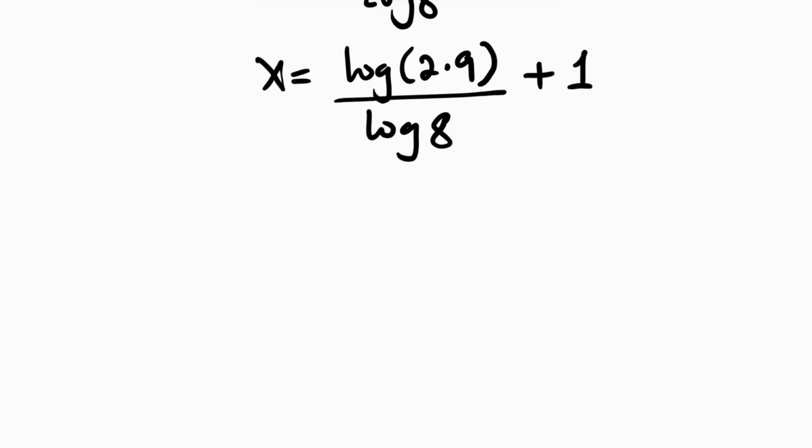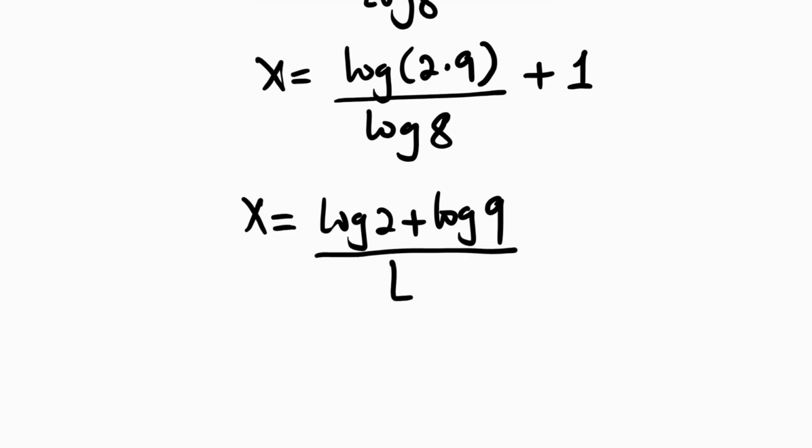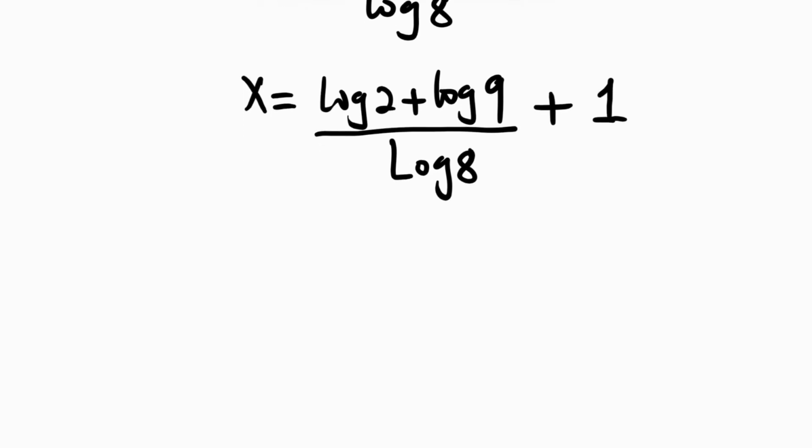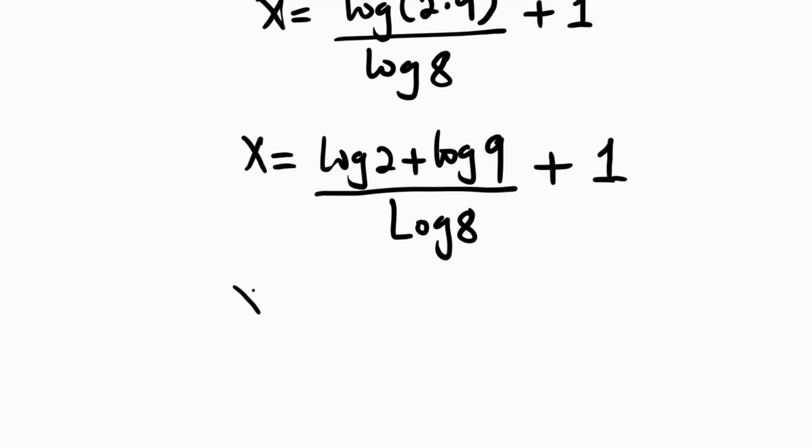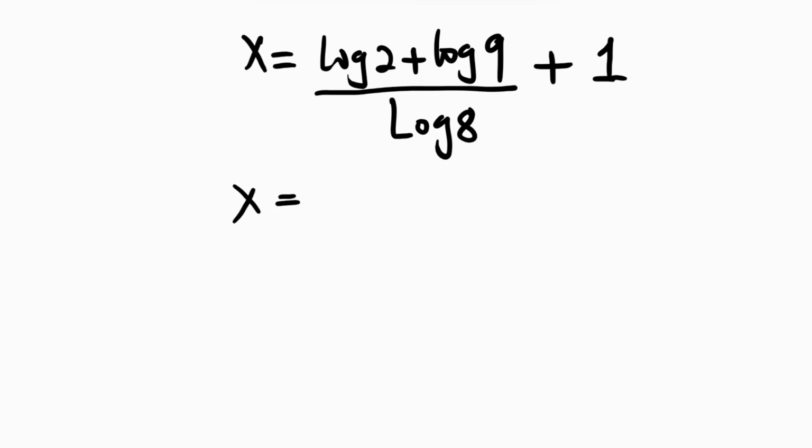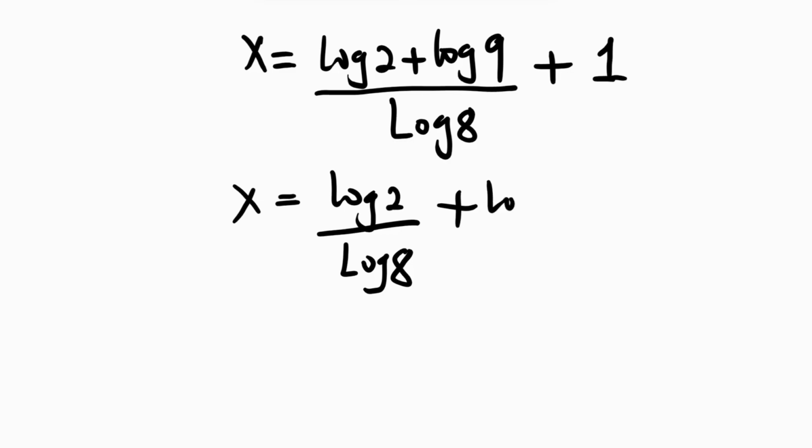Now we have x equals log 2 plus log 9 divided by log 8 plus 1. Okay, so now here we have x equals log of 2 divided by log of 8 plus log of 9 divided by log of 8 plus 1.